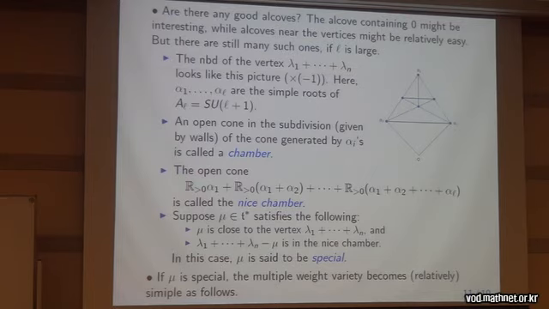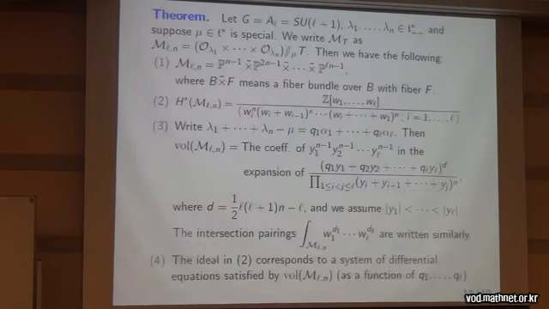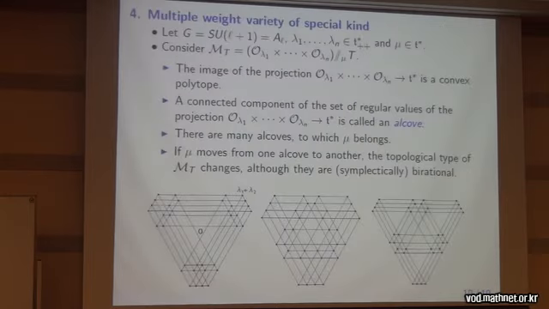But even if we restrict ourselves to the alcoves near the vertices, there are still many such ones if L is large. This is a picture for type A_2, so L is 2. In that case, the number of alcoves near the vertices is 2. But if L is 3, there should be 7.